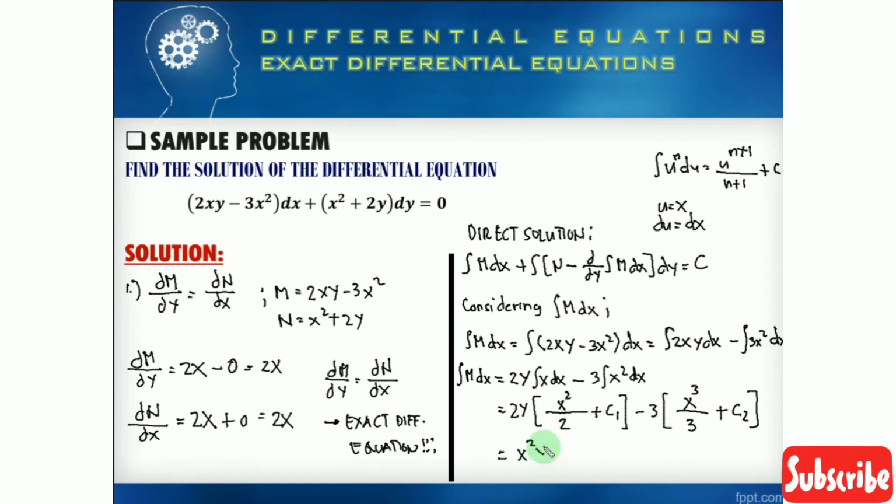Okay, this is x squared y plus 2 c1 times y. Okay, and this is a quantity, and this is minus.